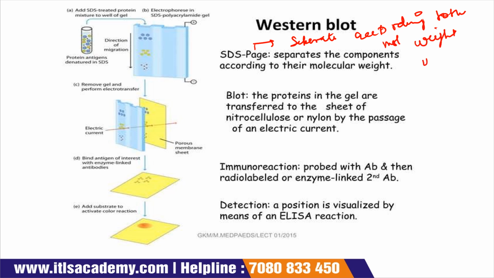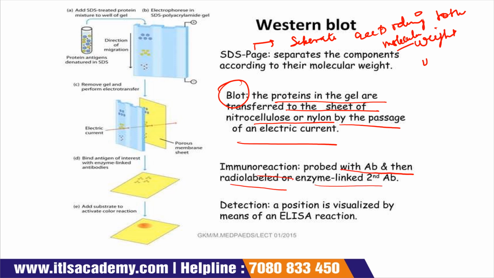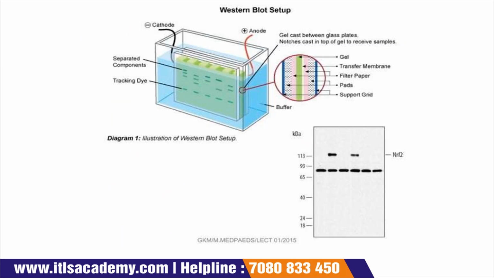This blot uses the proteins in the gels, and they are transferred to a sheet of nitrocellulose or nylon by passing an electric current. Immunoreaction: probe with antibody and then a radiolabeled or enzyme-linked second antibody. Detection: the position is visualized by means of an ELISA reaction.